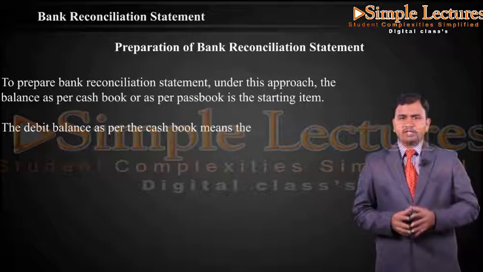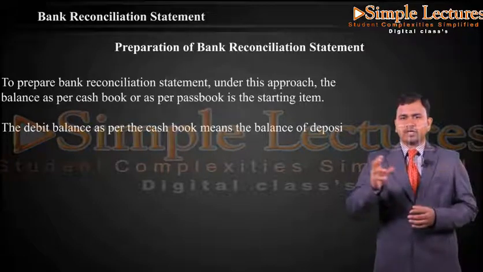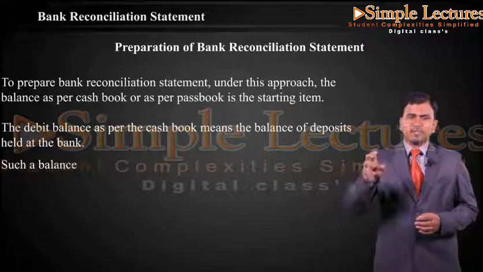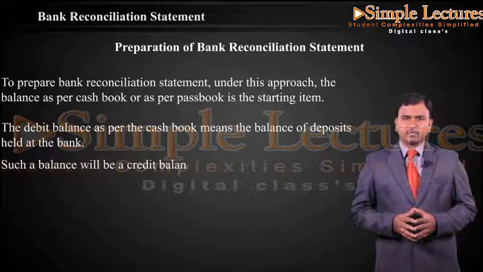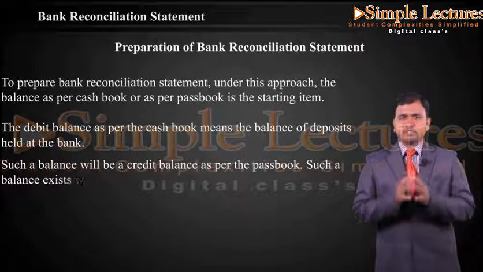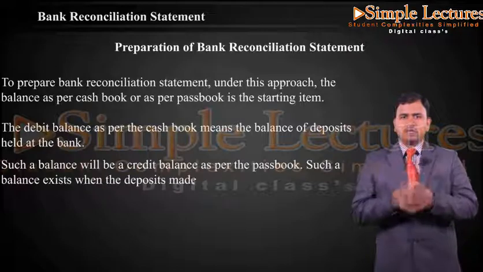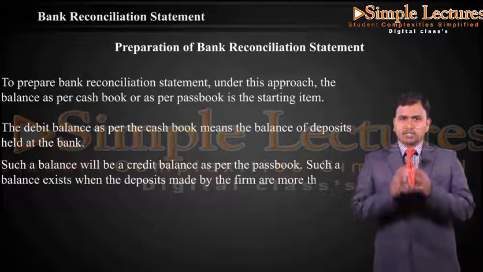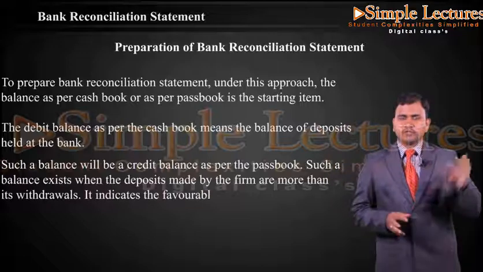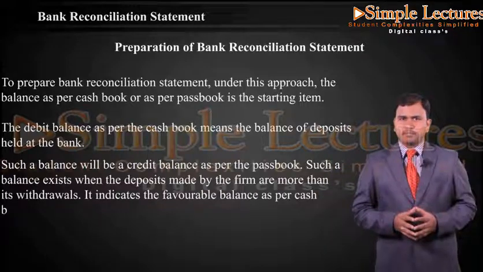The debit balance as per the cash book means the balance of deposits held at the bank. Such a balance will be a credit balance as per the passbook. Such a balance exists when the deposits made by the firm are more than its withdrawals. It indicates a favorable balance as per the cash book or favorable balance as per the passbook.